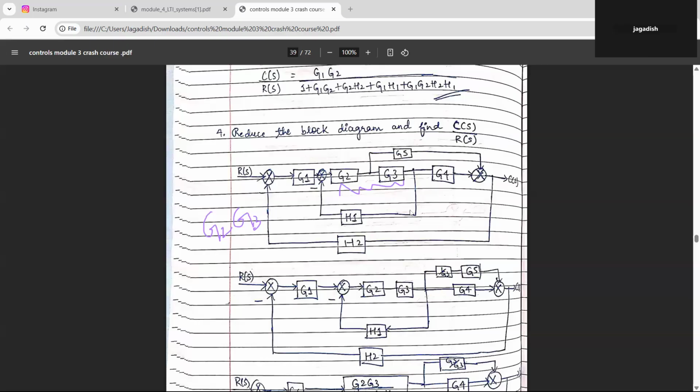Can you unmute? What are you not understanding? Please tell me. How are you reducing these blocks? I'm not getting it. See, first you have to look for the negative feedback. Feedback loop you have to see. If there is any feedback loop, you have to eliminate it.